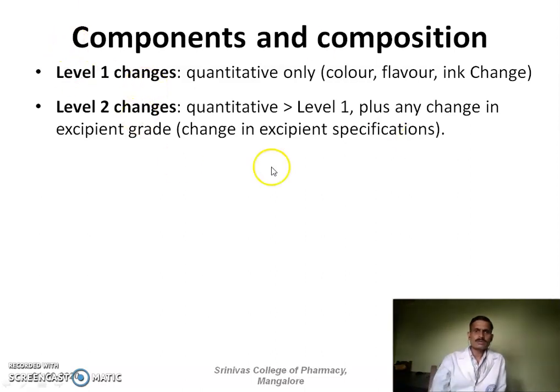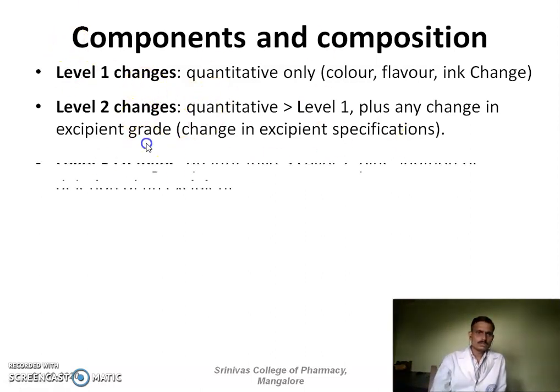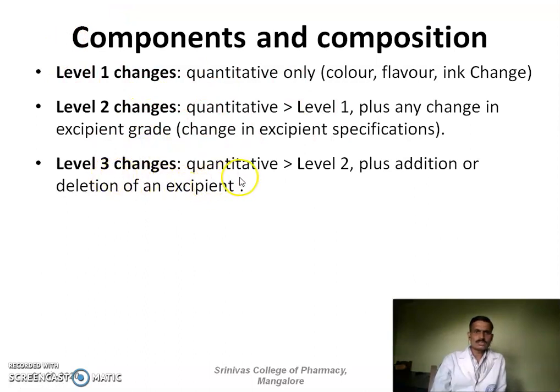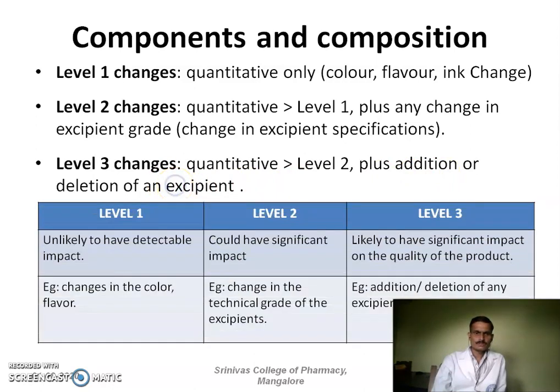So that will be a level 2 change. Level 3 change, that is quantitative, greater than level 2, plus addition or deletion of any excipient. So that is a major change, level 3.